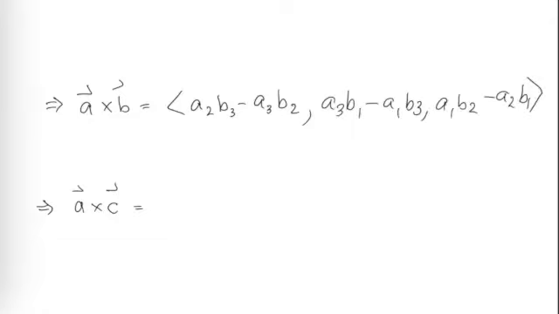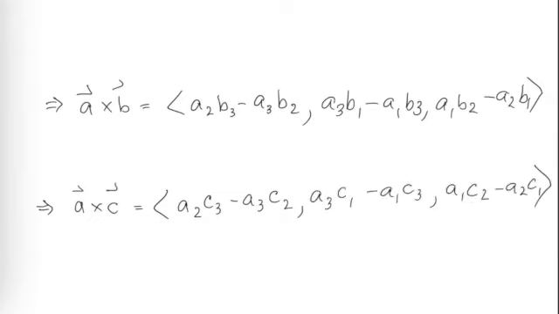And the rest of that follows here: A3B1 minus A1B3, A1B2 minus A2B1. And similarly, for A cross C, we're going to have A2C3 minus A3C2. And then here's the rest of that vector.